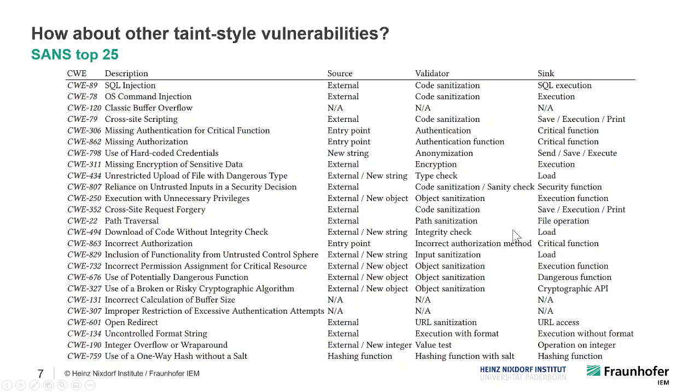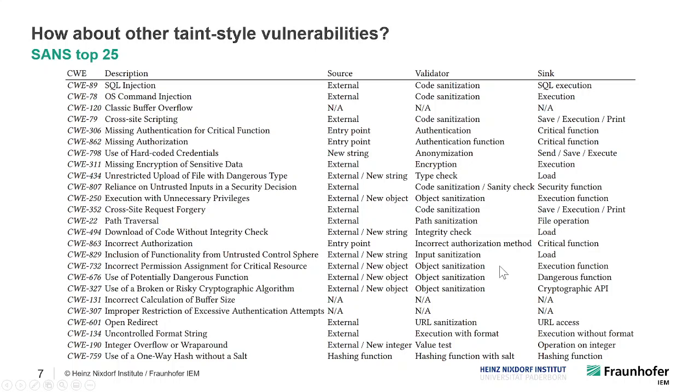Incorrect authorization is something we have seen. This is focusing only on the authorization problem. So we will have again entry points as sources. Any critical function in our application can be a sink.